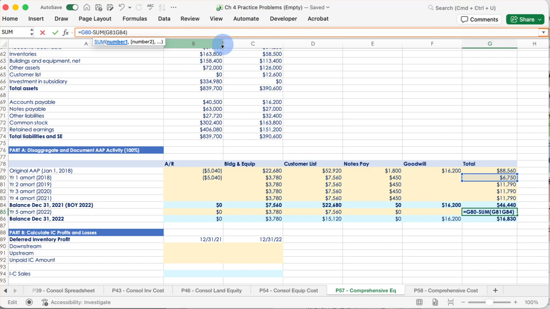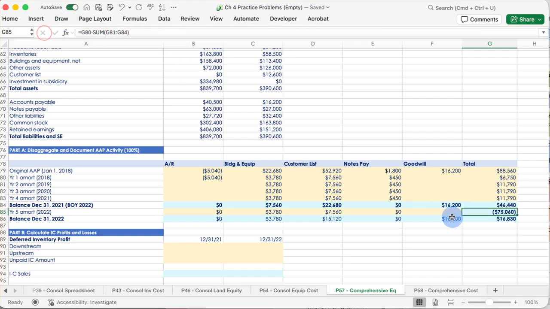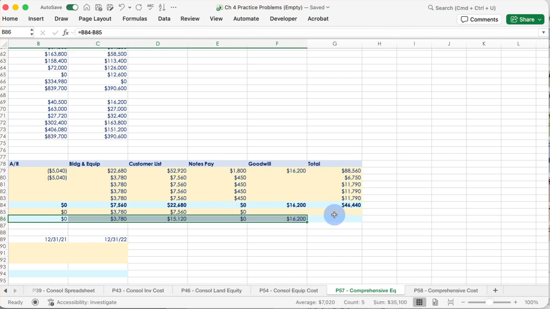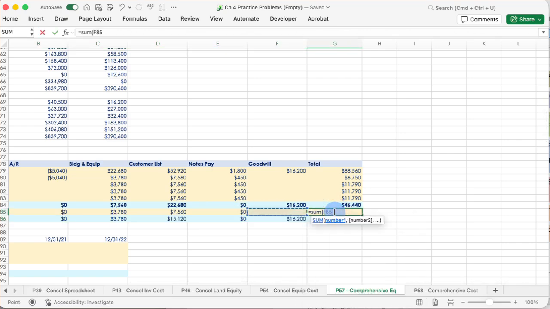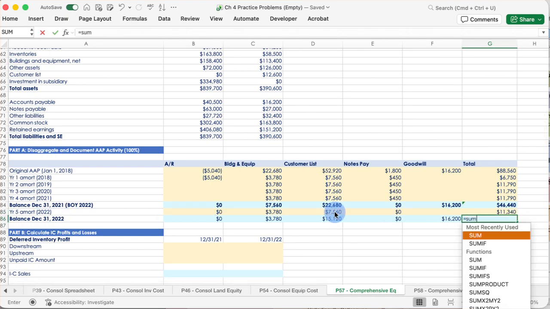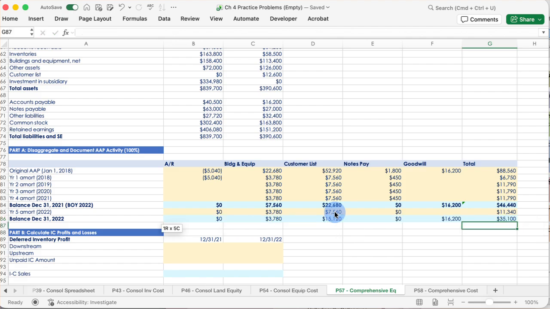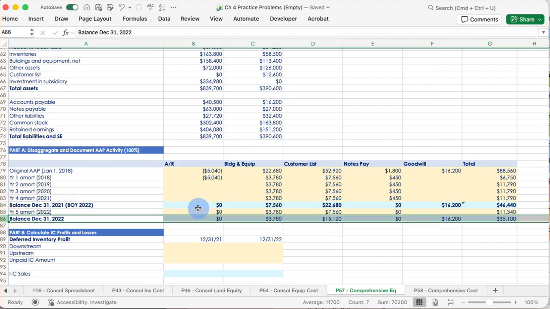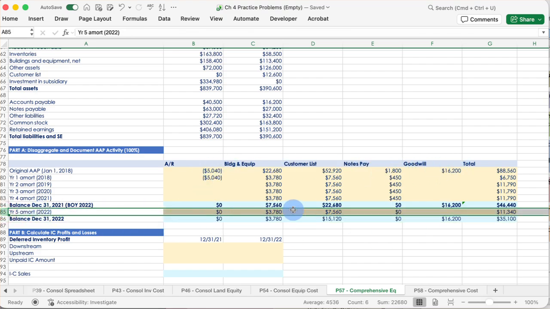Actually, never mind, I should have looked at this formula before I pulled it down. Let's undo that. So we'll do a sum across the row, and again another sum across the row. Now we have the balance of all of these AAP items at the beginning of year, at the end of year, and the amortization that took place in this particular year we're working with.